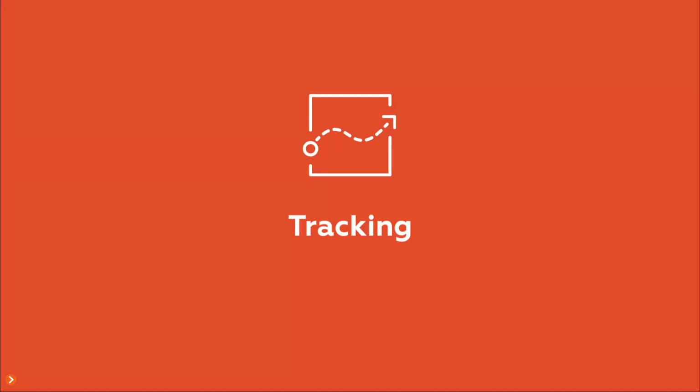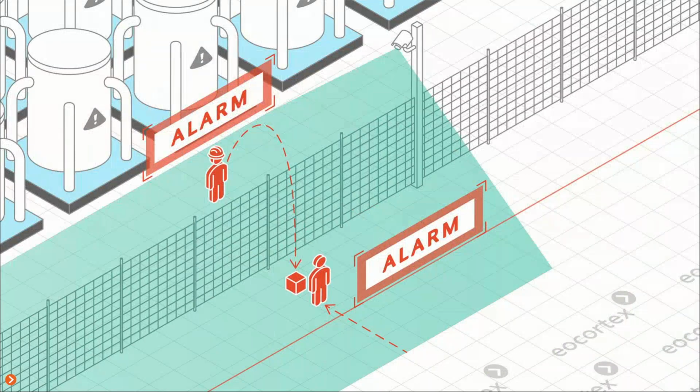The next module we're going to talk about is tracking, which allows you to prevent people from entering the premises, or it also helps you to guard the perimeter of your premises, of your factory, or of any manufacturing industry.